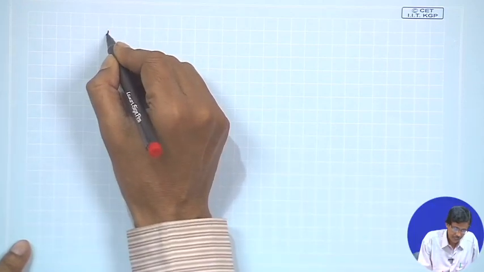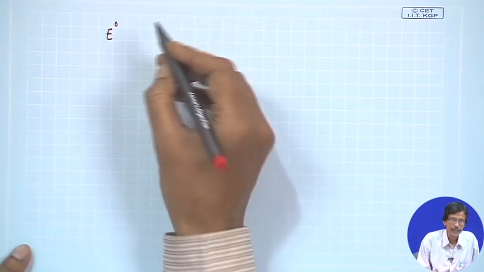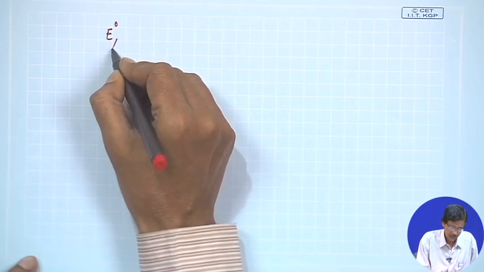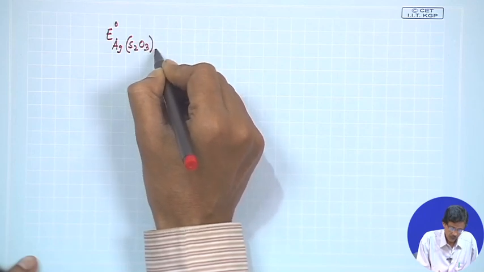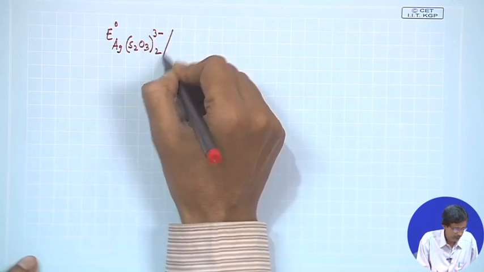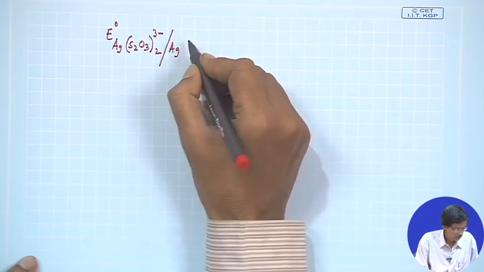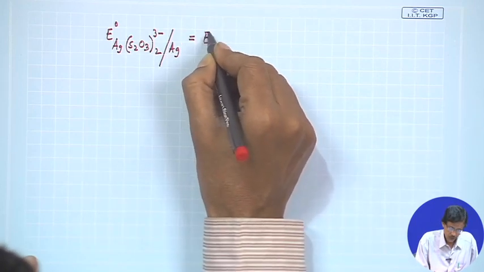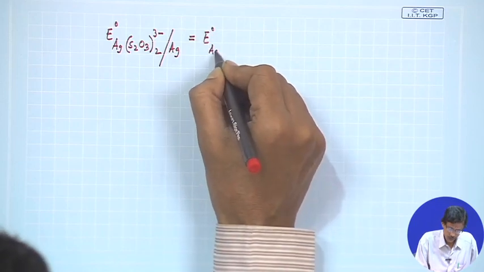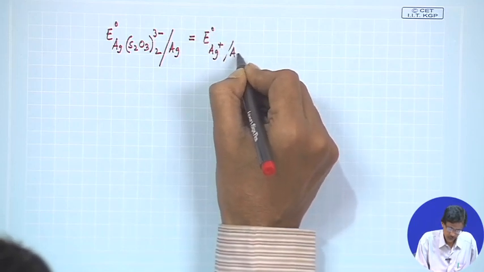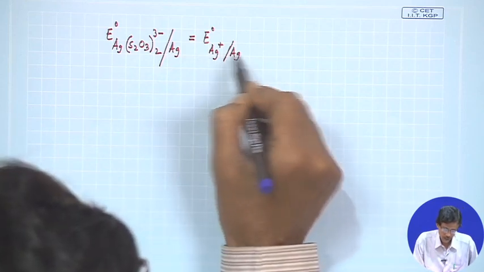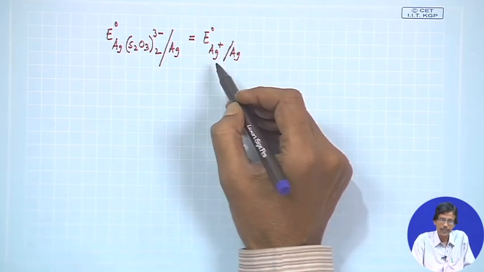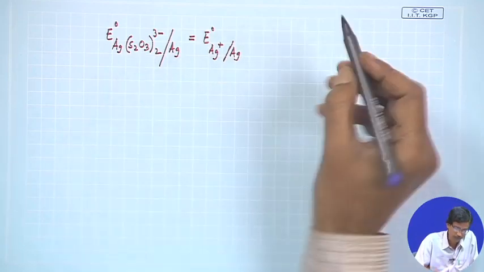So, what do we get? We get the E0 value, in the standard condition, for the complex species Ag(S2O3)2 3 minus and silver 0 is equal to E0 of Ag plus and Ag. In all the cases we will consider the standard electrode potential for the standard condition, because we are talking all in terms of the silver ion concentration, whether it is in the free state or in the complex state.